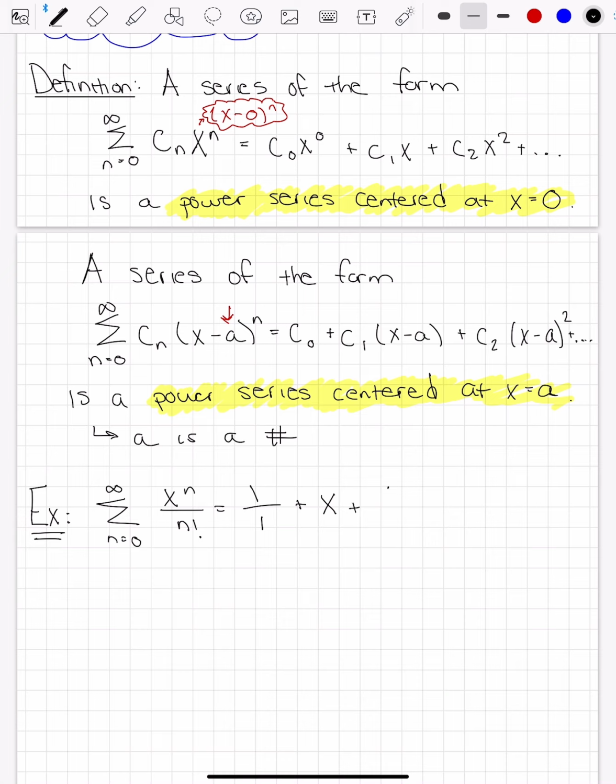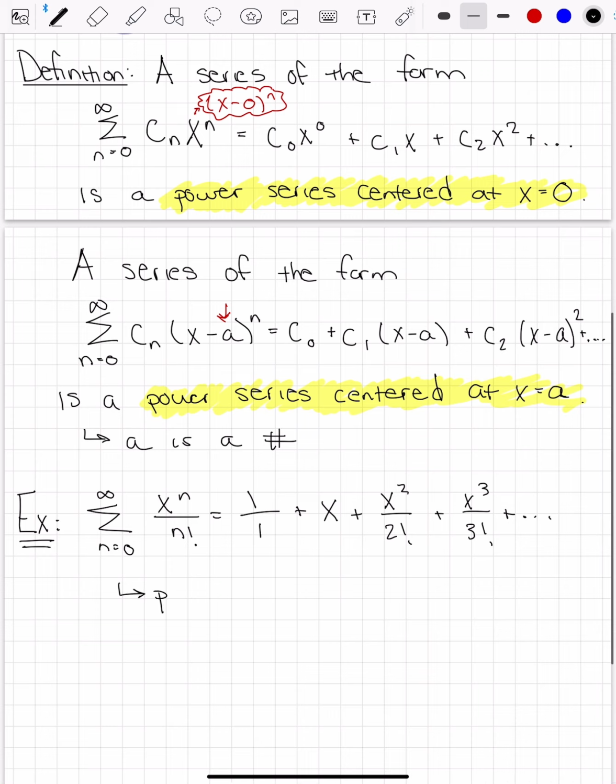And then x squared over 2 factorial, plus x cubed over 3 factorial, and so on and so forth. The first question is where is it centered, and the second question is what's the Cn. Here, when we look at the x to the power of n, we don't see anything subtracted from the x, so therefore we know that this is a power series centered at 0.